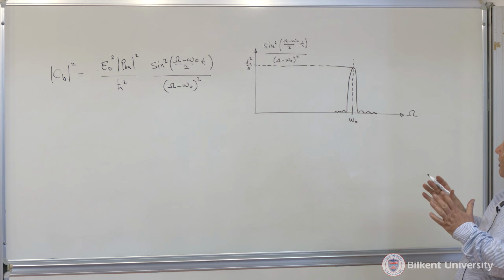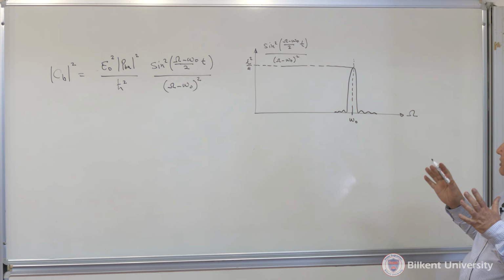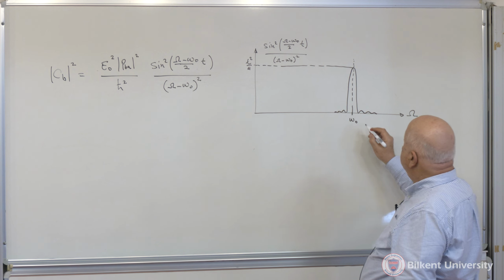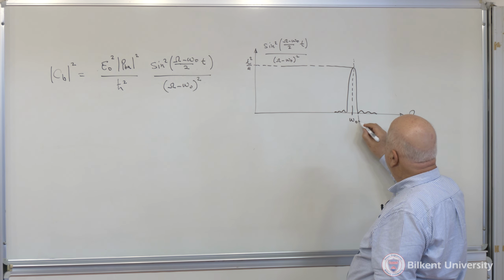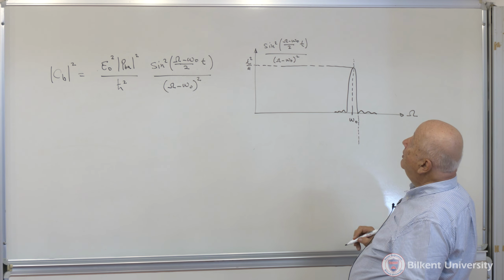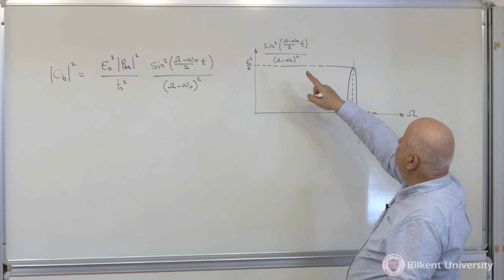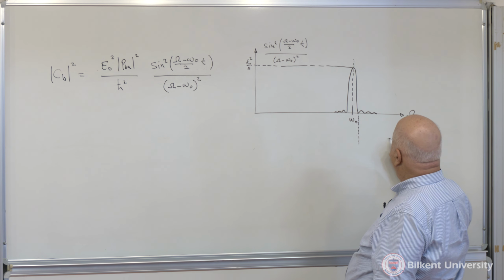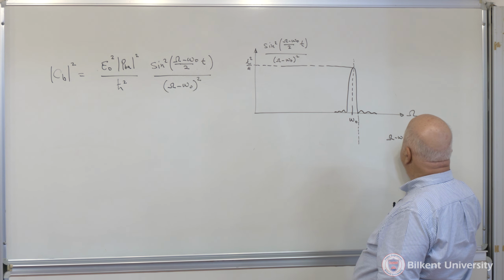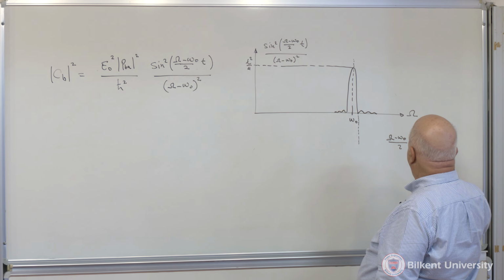Now, as time becomes larger and larger, you see this gets squeezed in. Because this point here corresponds to the case when (omega minus omega 0) over 2 times t is equal to pi over 2.